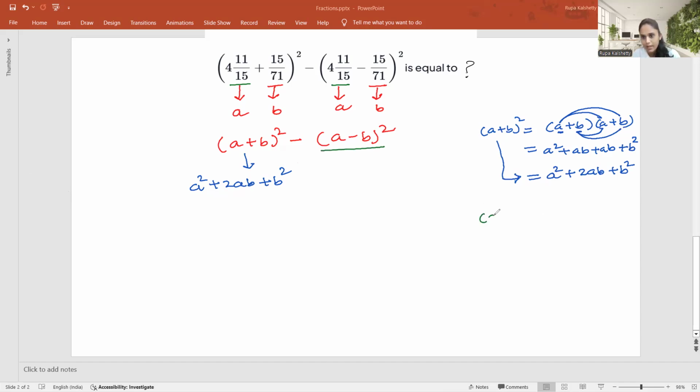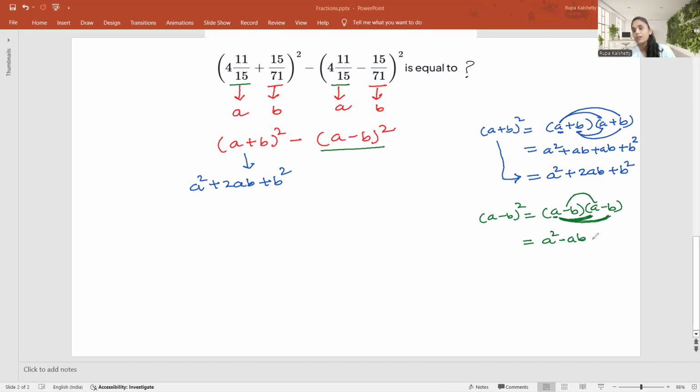So now let's write it (A minus B) squared, which is nothing but A minus B times A minus B. Multiply similarly here by multiplying the first term of the first bracket to each term of the second bracket. So we get here A squared minus, first this is A squared, and then A times minus B gives us minus AB. Now take the second term, which is negative B, and multiply to each term.